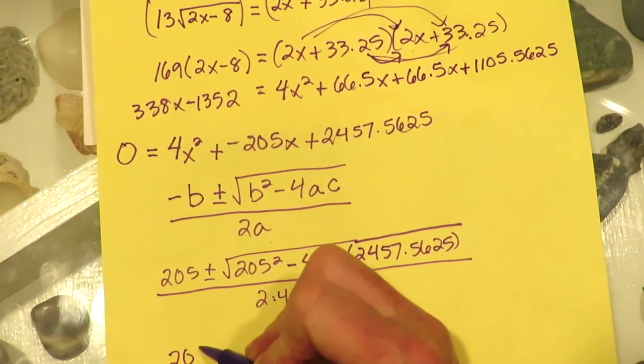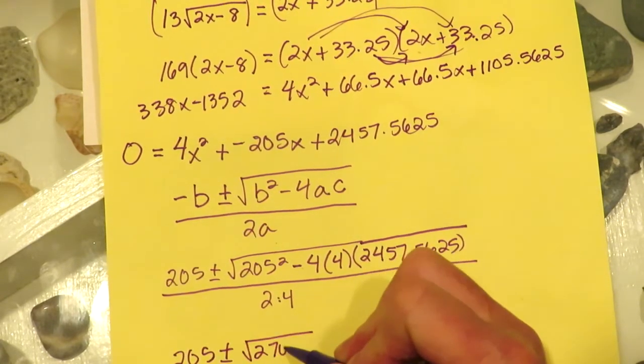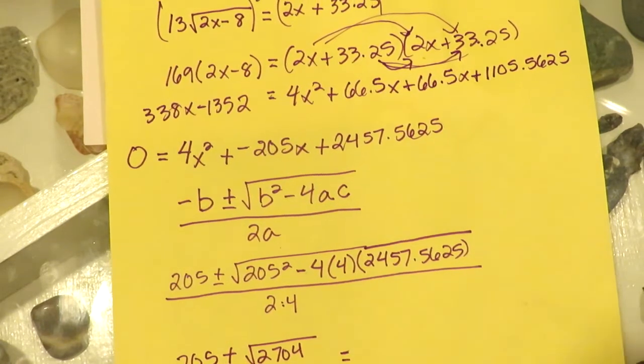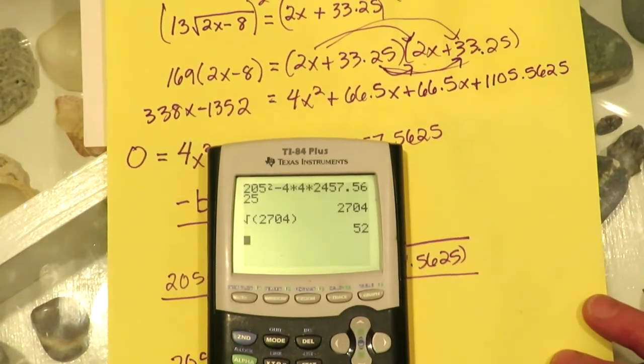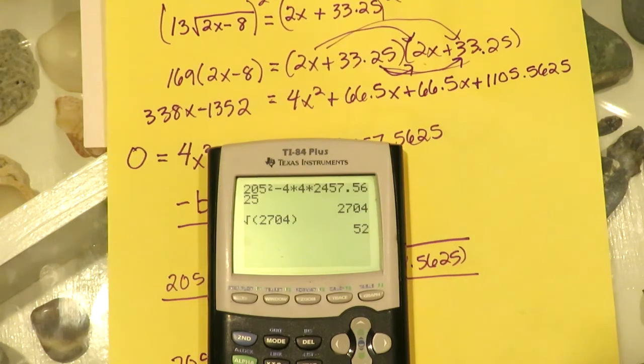So 205 plus or minus the square root of 2,704 over 8. And let's see what the square root of 2,704 is. It is 52. So I ended up with a perfect square.